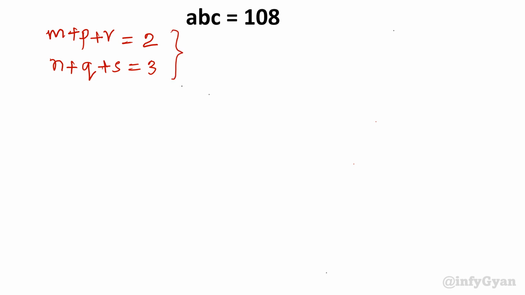Now see, among the three numbers m, p, r, this 2 is distributed. Among the three numbers n, q, s, this 3 on the right hand side is distributed.